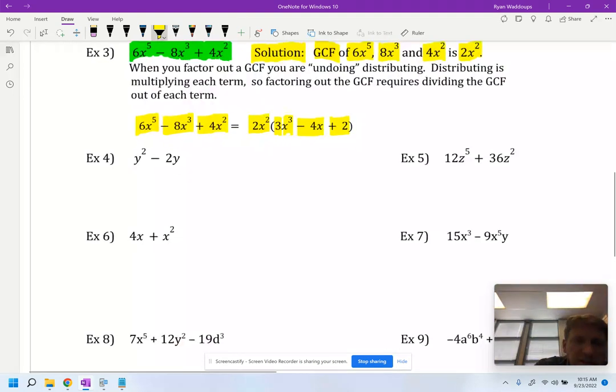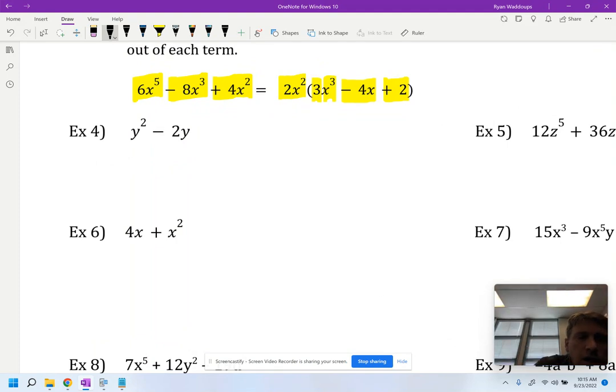All right, let's look at what this looks like in practice here. Y squared is y times y, and 2y is 2 times y. And then I say, hey, they both have a y in common, so that would be their greatest common factor, because that's the only thing they have in common.